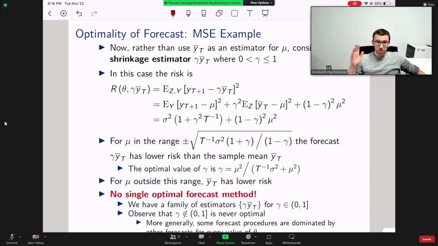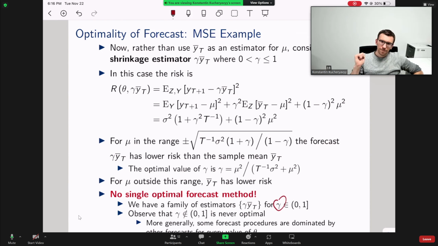But on the other hand, some gammas are never optimal. Like gamma outside this region 0, 1 is never optimal. So some forecast procedures are dominated by other forecasts for every value of theta. Does this example make sense?